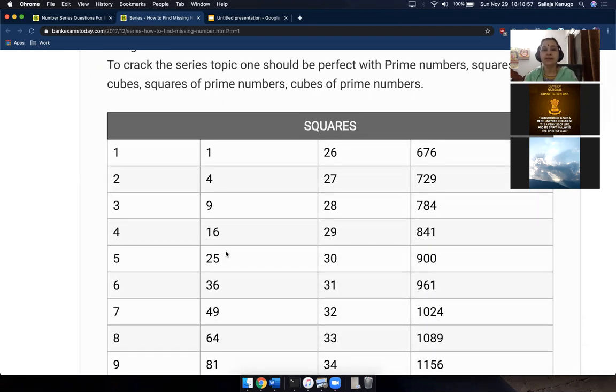When you multiply a number with itself, like 2 into 2, the product is called the square. Very good. Now, if the number is multiplied by itself thrice, then we call it a cube.